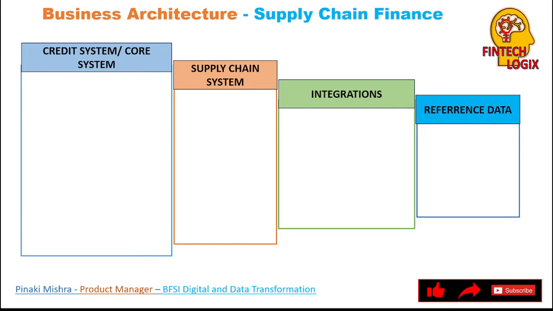Along with that, with supply chain finance, we would need some specific modules that I'm calling the supply chain system. We would need a set of integrations with different third parties or systems other than the core systems that would help us in our operations.